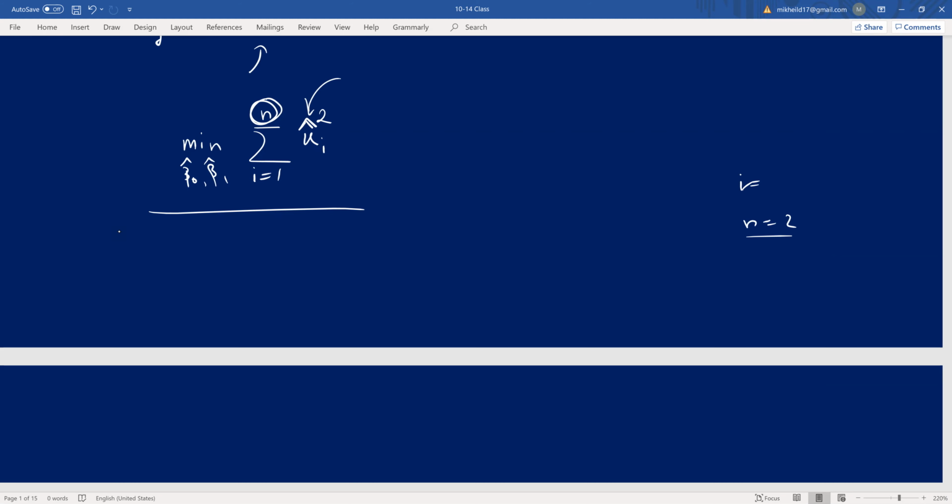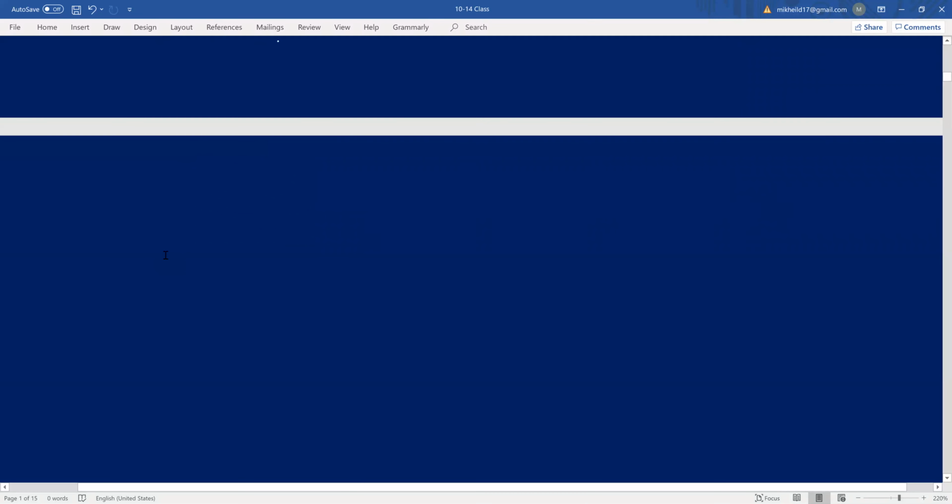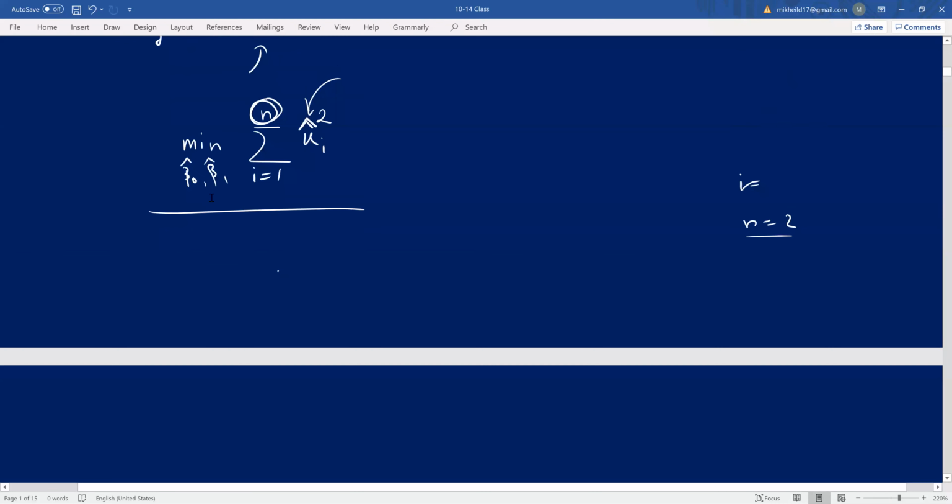But there's a better way to do this, and it is done using linear algebra, specifically matrices. Guys, again, am I clear? Yes. And then when you do this optimization, we obtain the estimates of beta hat 0 and beta hat 1. Can you remind me those?